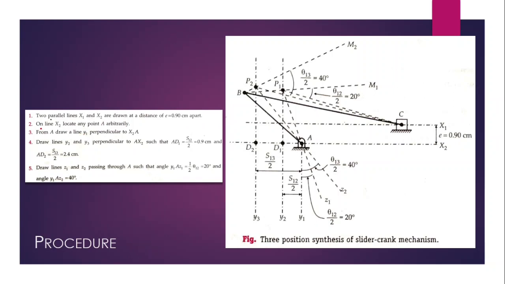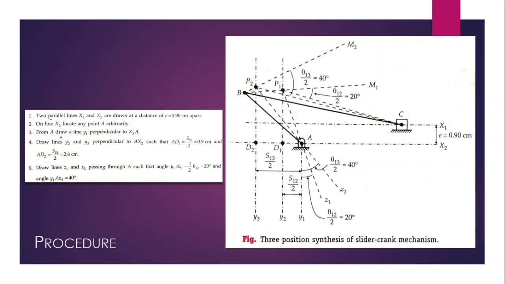Second step, on the line x2, locate any point A arbitrarily. Here on the line x2 we can locate this point A, any point on the line x2.